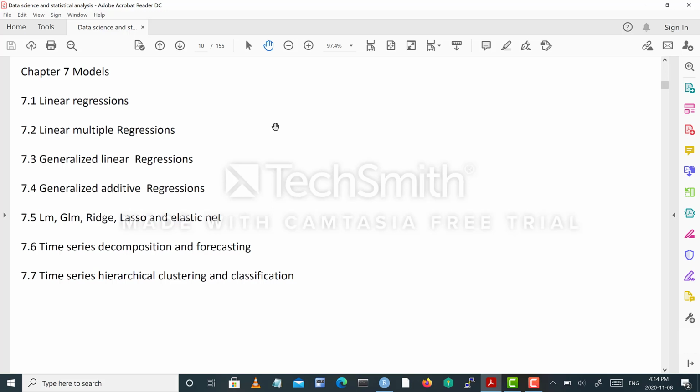The final chapter is a long chapter, consisting of models and algorithms.